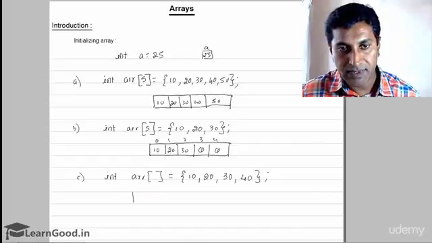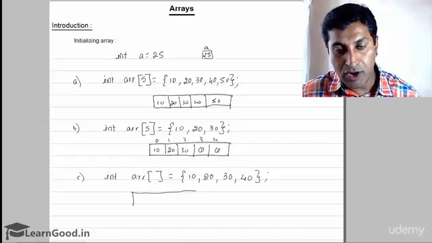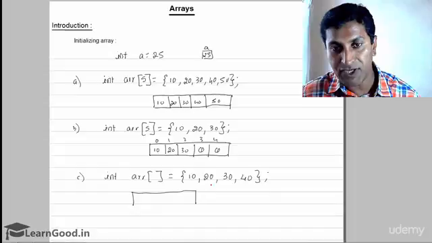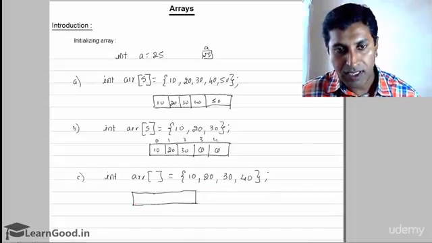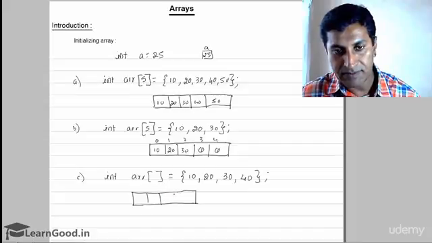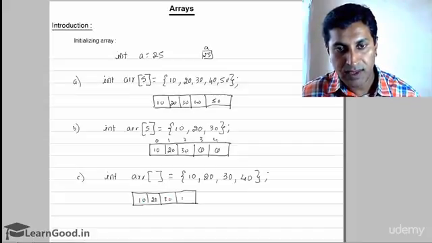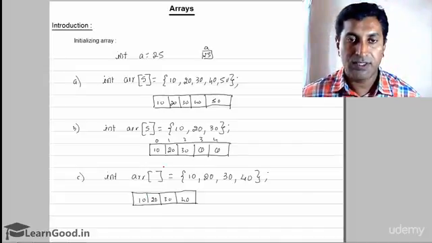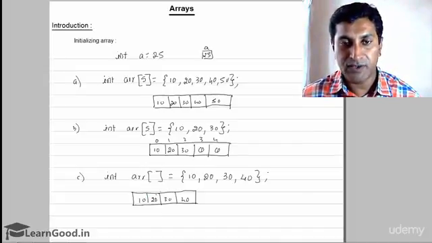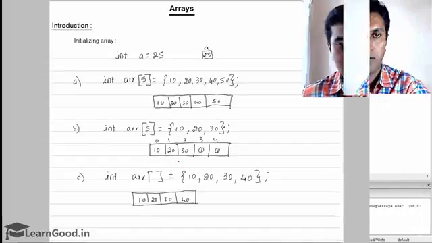In that case, it will not create an array of 5 elements. How many values have you given? Here I have given 4 values, so it will create an array of 4 elements and store those values here. Okay, so these are the 3 different ways you can initialize a single dimensional array.